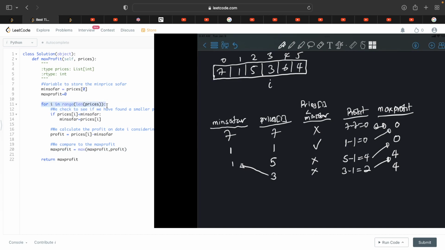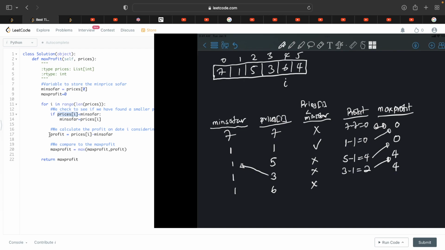And then as we can see, our I moves to the next position, which is at index 4. So we update our prices at I, which is now 6. And then is 6 less than min so far? No. So we do not execute this. Our min so far remains 1.